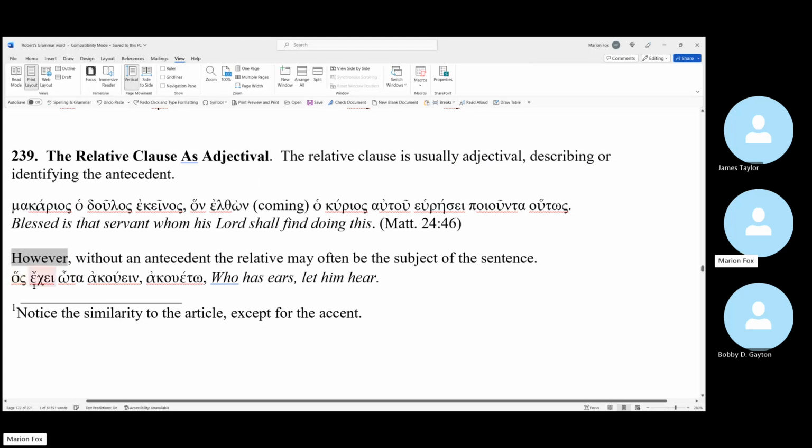Hos echei, whosoever has ota, ears, to hear. That's an infinitive. And this right here is imperative mood, which we haven't covered yet, Bobby. So that's basically saying let him hear. Greek has a third person singular and plural imperative mood form.